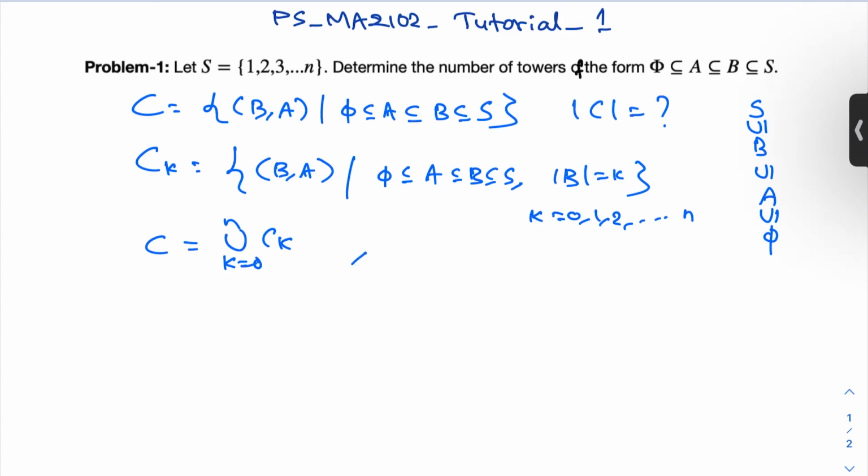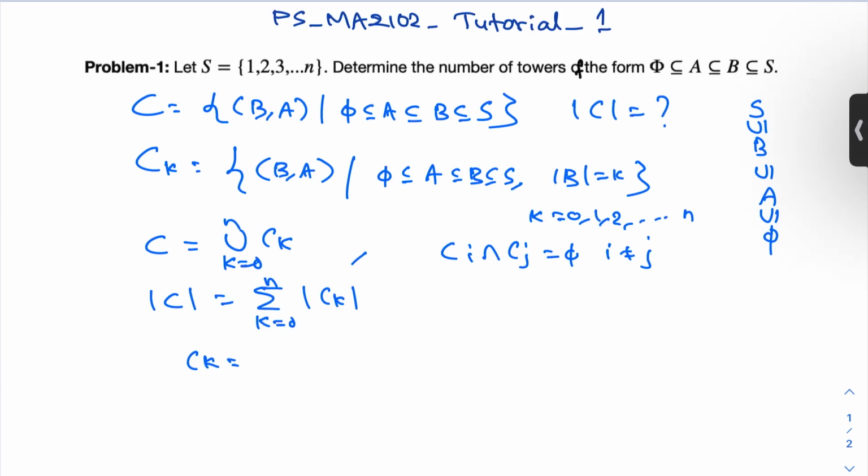Here we can also see easily Ci intersection Cj equals empty set for i not equal to j. Now we can see that by the sum rule, the number of elements in C is going to be the summation k equal to 0 to n of the number of elements in Ck. Now the question is, what is the size of Ck?